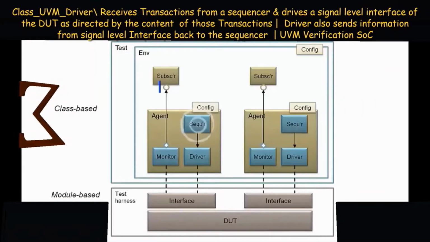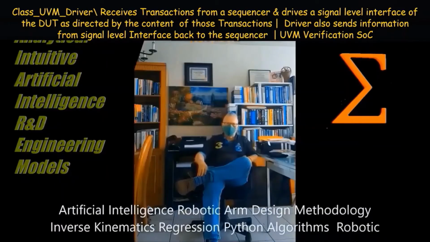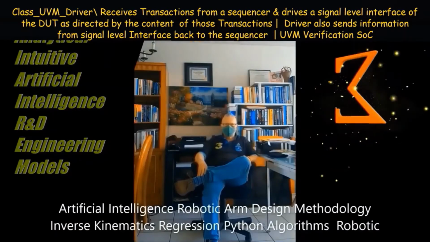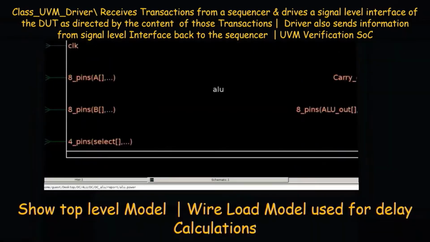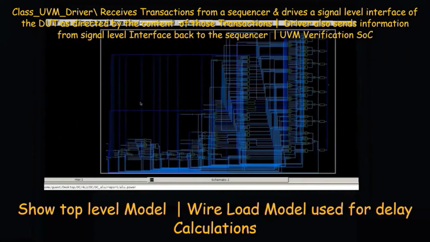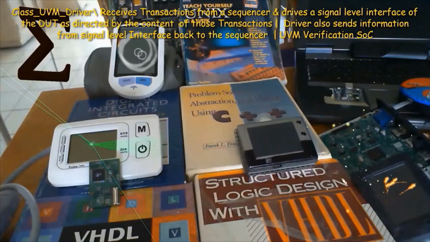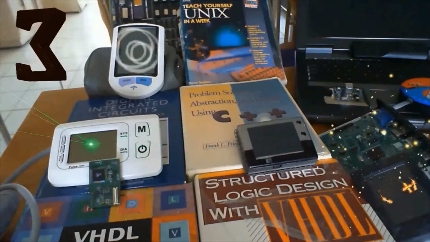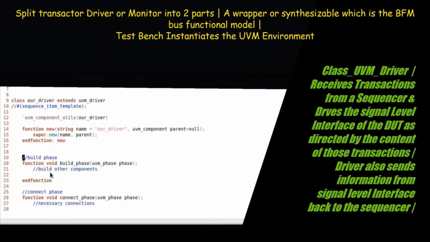Split transactors. The objective is to move as much of the UVM test bench code onto the accelerator or the emulator box in order to speed up simulation.